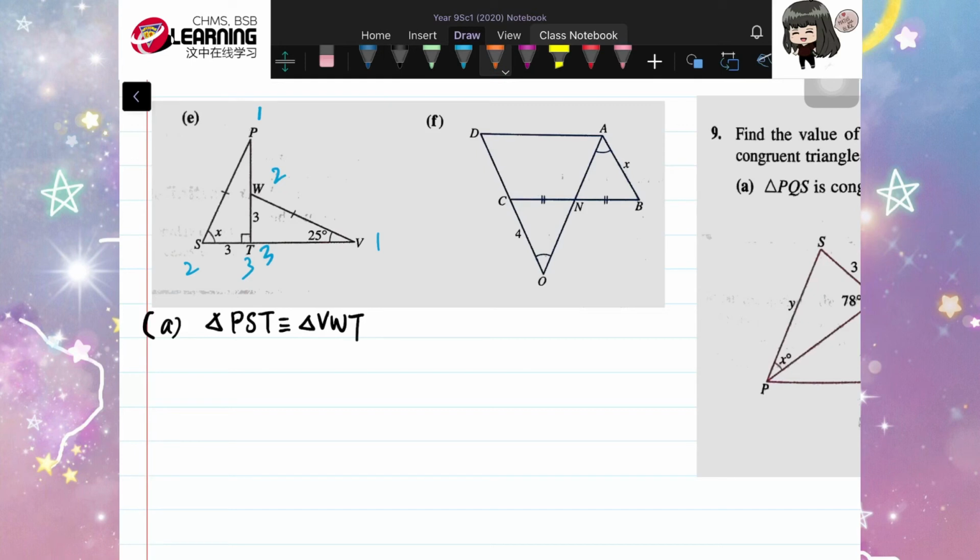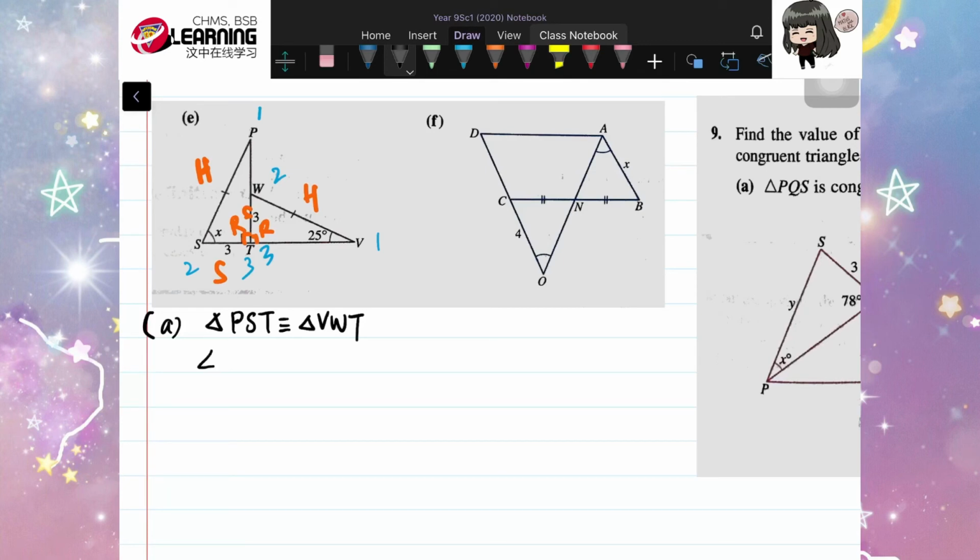Why is that congruent? Let's look at the reason. We are given this side and this side are the same. And then we have 90 degrees. So this is R, right angle, because we are given the hypotenuse, and then we are given another side. So this one we use RHS: right angle, hypotenuse, and side.